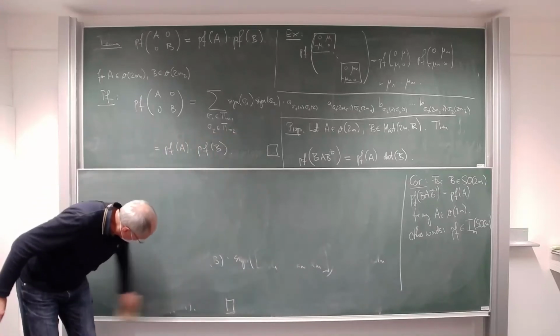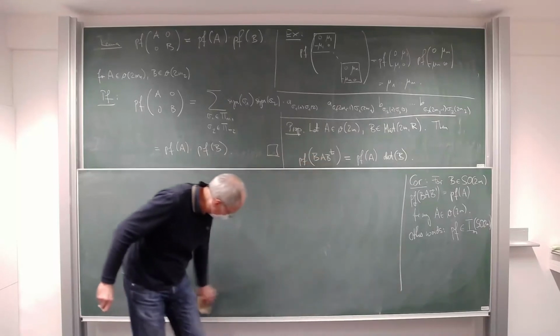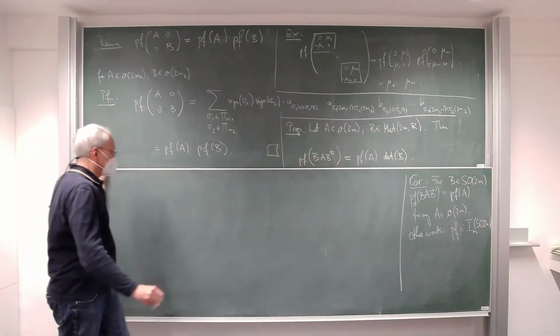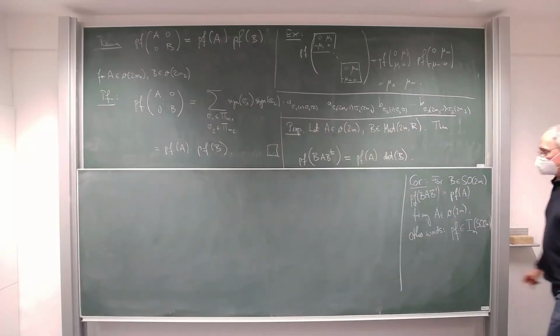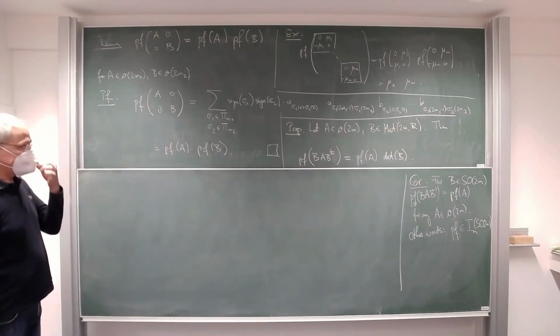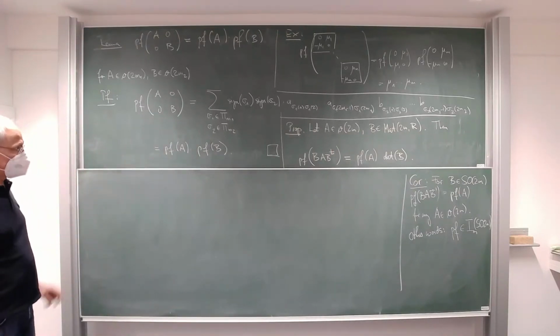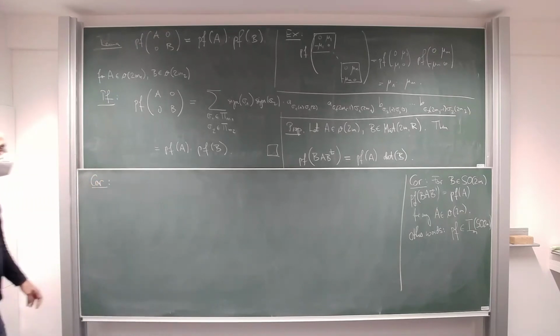At the moment that's not so clear because the determinant is defined for all matrices, whereas the Pfaffian is only defined for skew-symmetric matrices. However, in the case of skew-symmetric matrices, it's more fundamental because, as we will see, the following corollary tells us that the determinant can always be expressed as a Pfaffian.